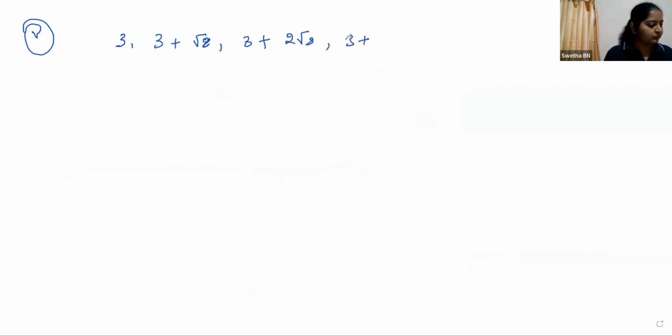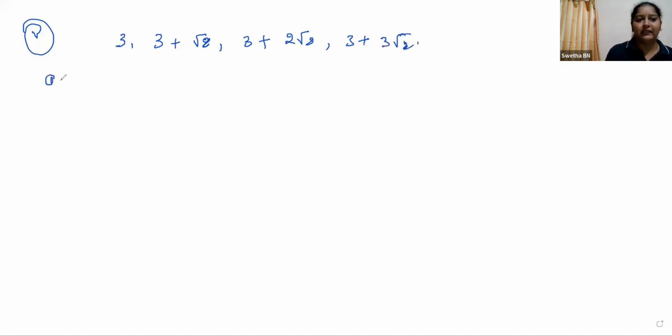Okay, next one. Okay, fifth one. 3 plus root 2. They have given the series here. 3 plus 2 root 2, and 3 plus 3 root 2.